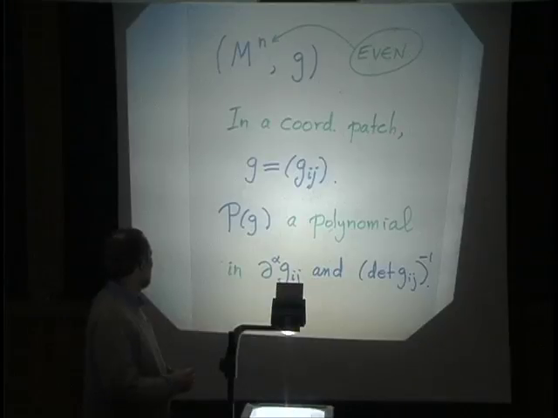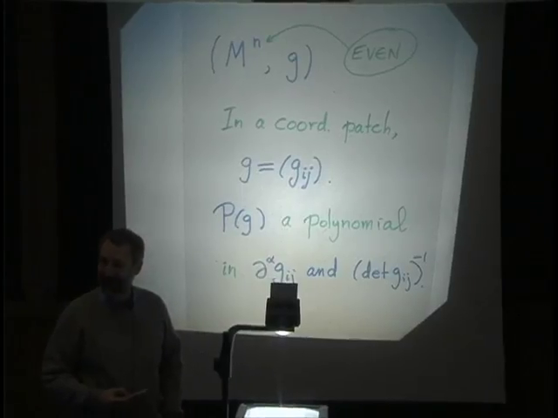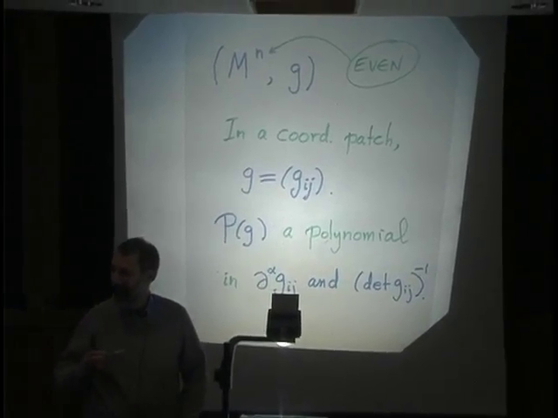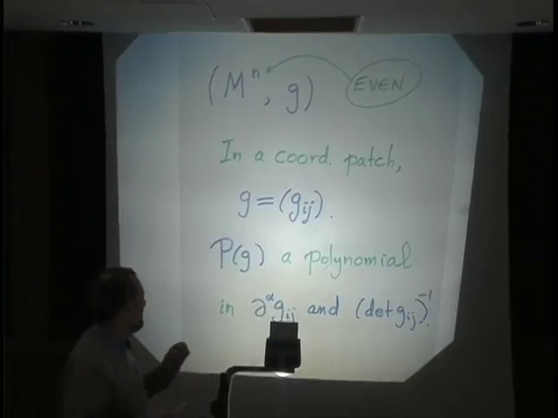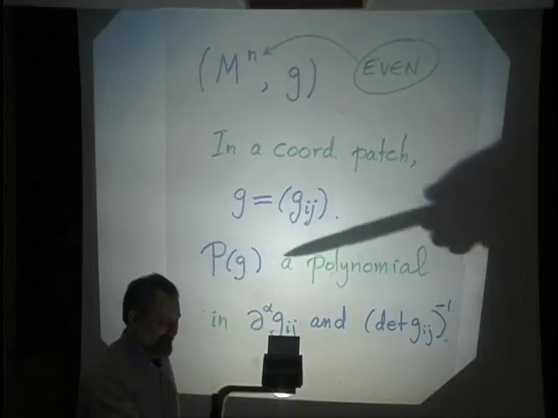So we're going to make a polynomial in the derivatives of the metric and in 1 over the determinant of the metric. Okay, we regard these, let's say, as formal variables, and we make a polynomial p. And then we're going to say that p of the metric is that polynomial.